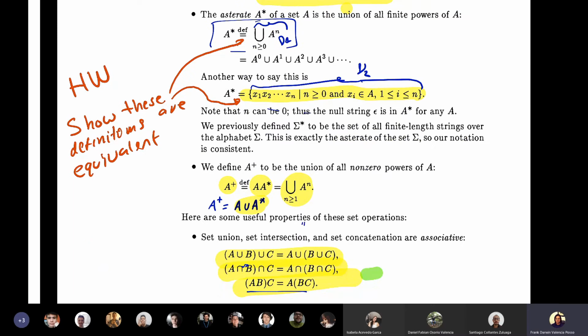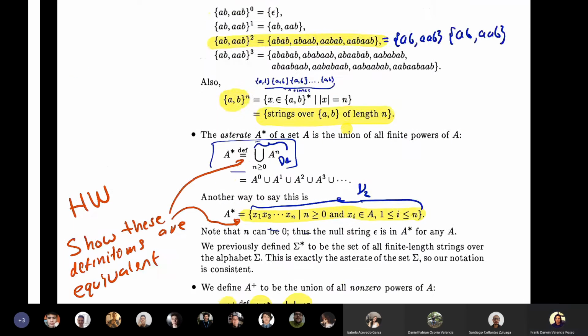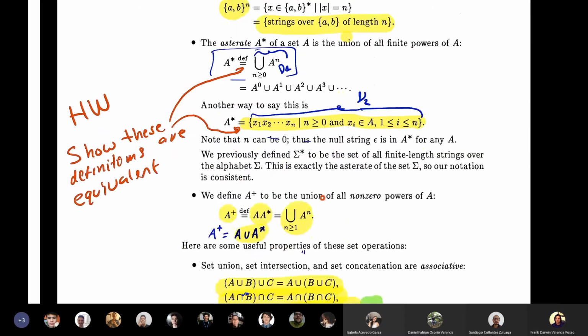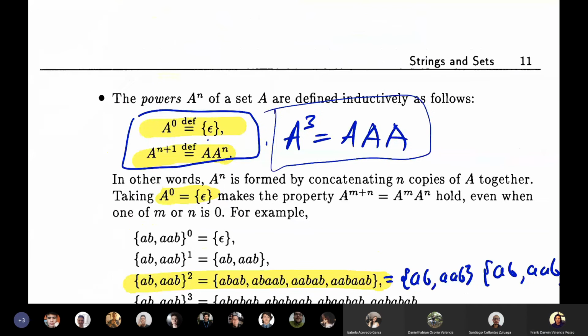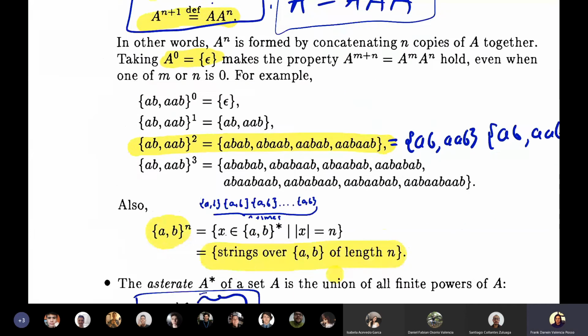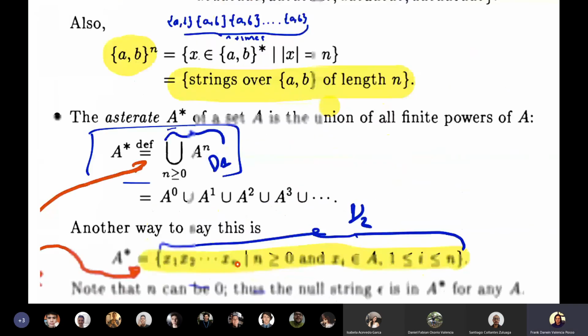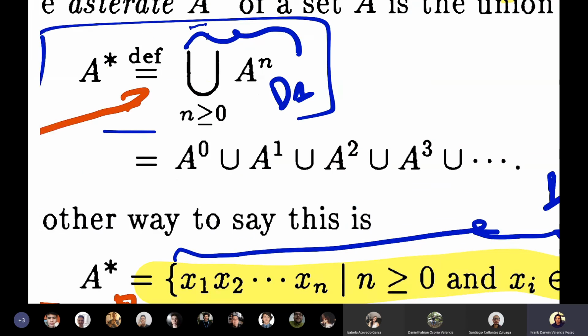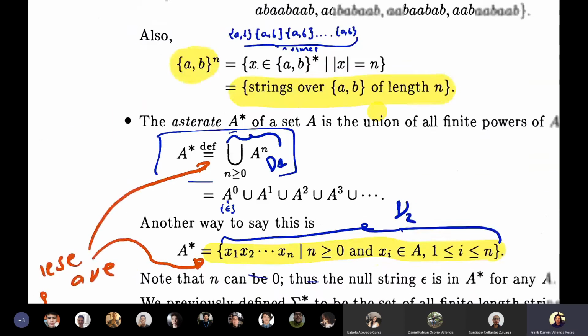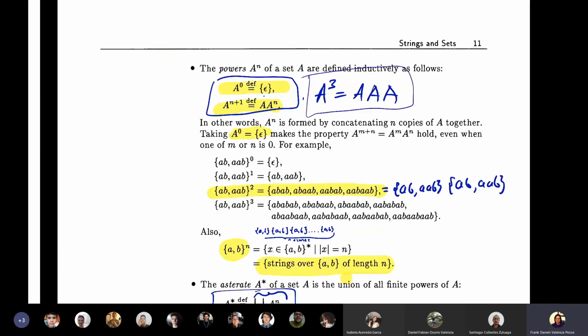And sorry, A plus is similar to A star. Notice that A star includes A to the 0, and A to the 0 by definition is, in case you have forgotten, this one, and it's defined here.